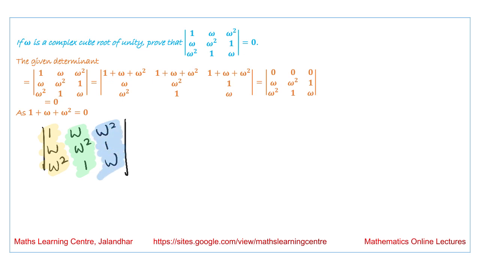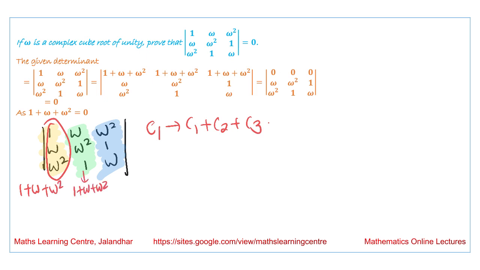So if we add all these values, we say column 1 approaches column 1 plus column 2 plus column 3. Then the sum of all these will be 1 plus omega plus omega square, in each row. And the value of 1 plus omega plus omega square is 0.